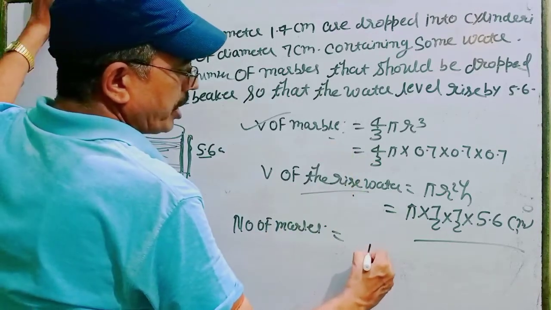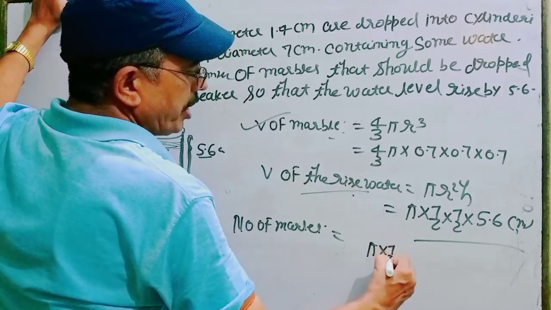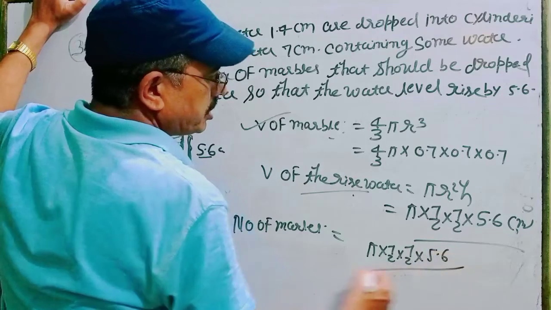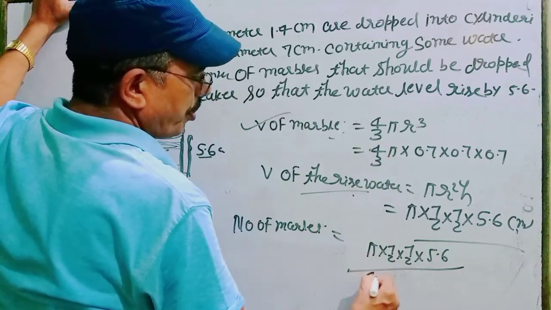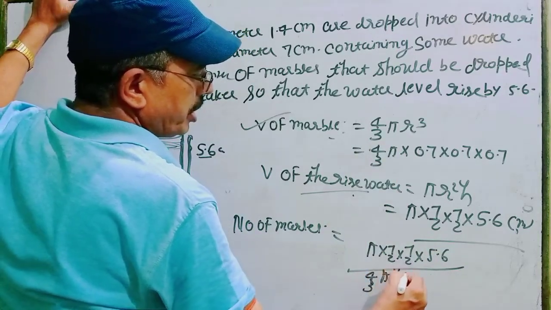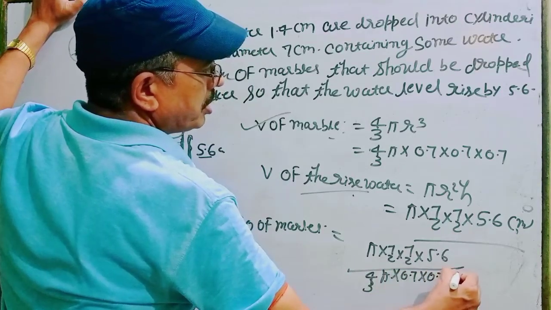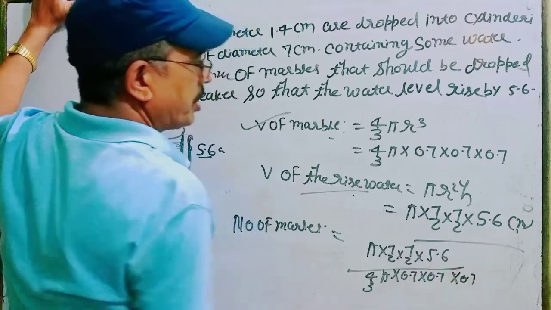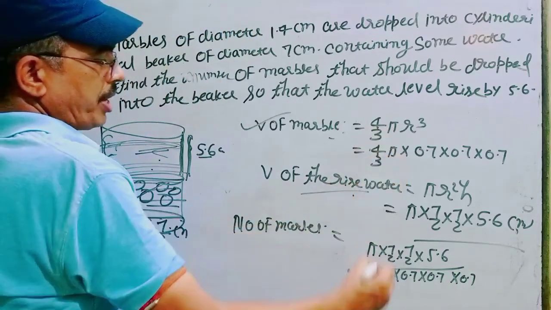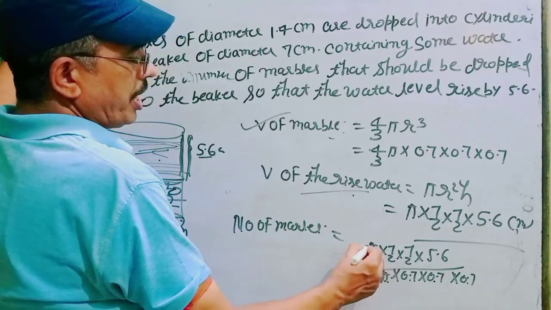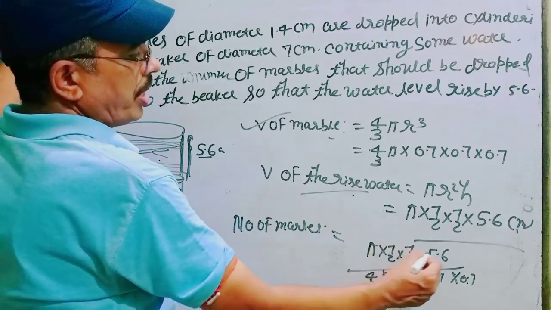So volume of water is pi into 7 by 2 into 7 by 2 into 5.6 divided by 4 by 3 pi into 0.7 into 0.7 into 0.7. Here is pi r square h.